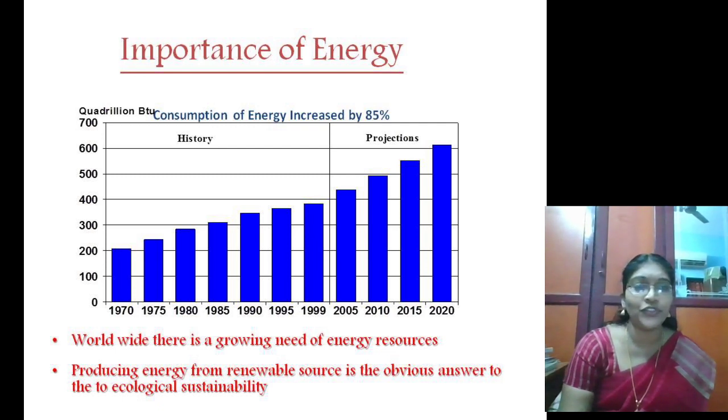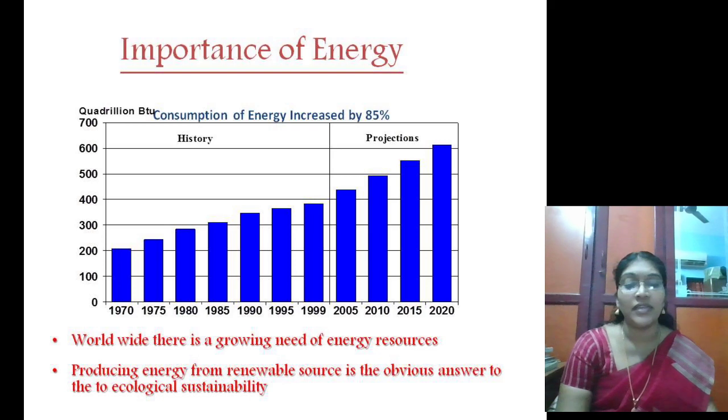So here the graph shows the consumption of energy is increased by 85% for each 5 years. So the energy is very important, and the efficient production of energy should be considered for sustainable development, because as the energy production increases, the pollution also increases. This will affect the environment.